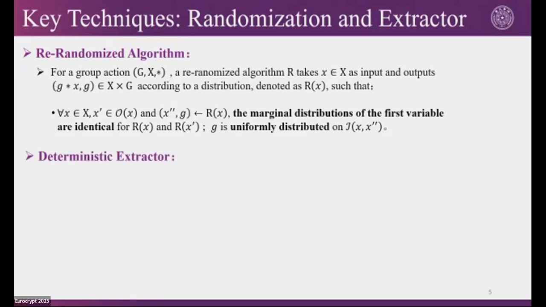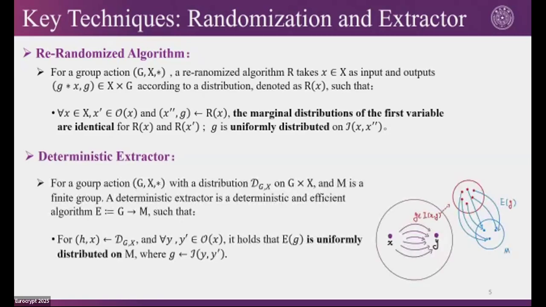Okay, and for deterministic extractor, for a group action with the distribution and M a finite group, a deterministic extractor is an efficient algorithm E that maps G to M, such that for any (x'', g) from the distribution and y' in O_x, it holds that E(g) is uniformly distributed on M, just as shown in the right picture.